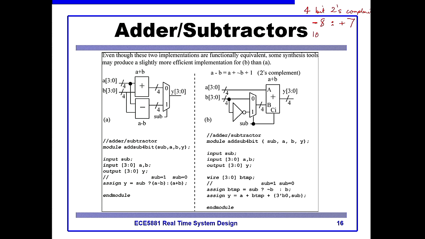So if you look at the binary representation of that, minus 8 turns out to be 1, 0, 0, 0. Plus 7 is 0, 1, 1, 1. And if you look at 0 in the middle, you're using all possible 16 combinations of those 4-bit values. So 2's complement is not symmetric in terms of the representation.